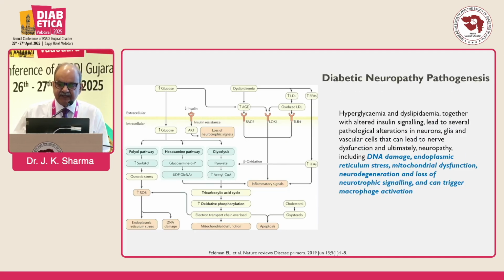And when we talk of diabetic neuropathy pathogenesis, it is a busy slide, but I'll tell you the crux. The hyperglycemia and the dyslipidemia. As Dr. Sanjay Agarwal is telling about pre-diabetes and the complications, even without development of diabetes, the complications happen. How do these complications happen?